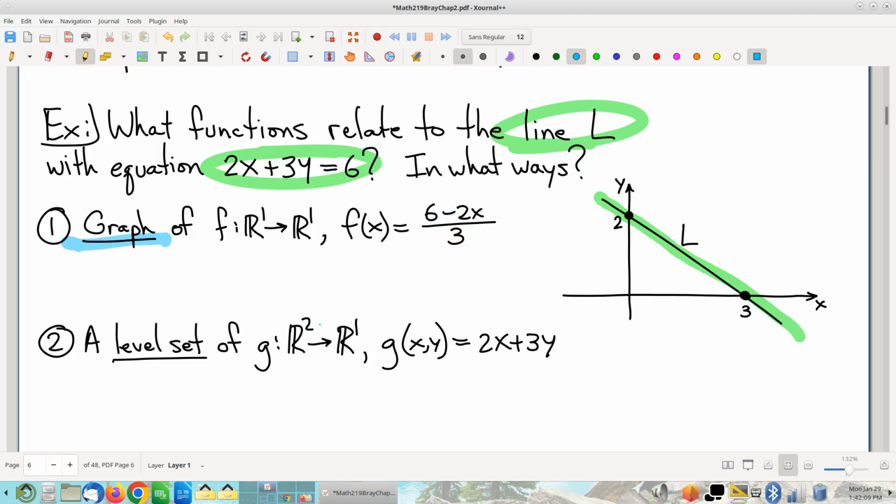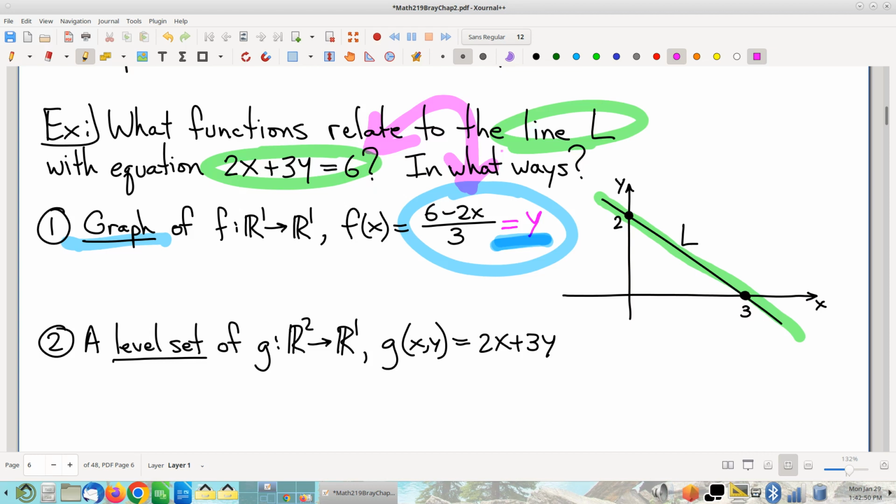Well, keeping in mind what a graph is, graph means what you get as a result of setting that function equal to a new variable, let's say y. And how do I know that this is the same as the line? Well, because these are algebraically equivalent. You can just fiddle around with trivial high school algebra, turn the green equation into the blue equation, or vice versa. Take your pick.